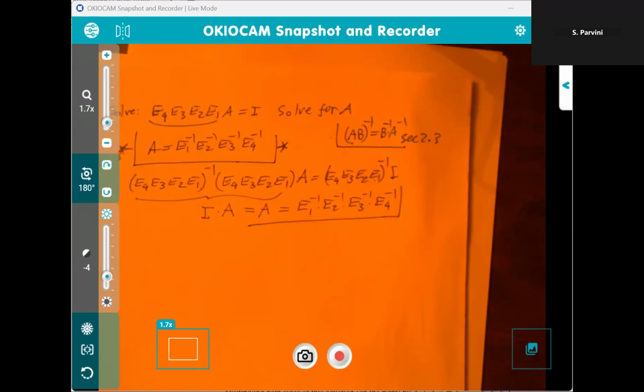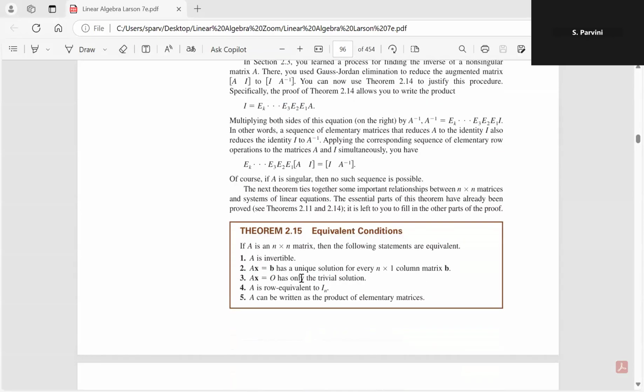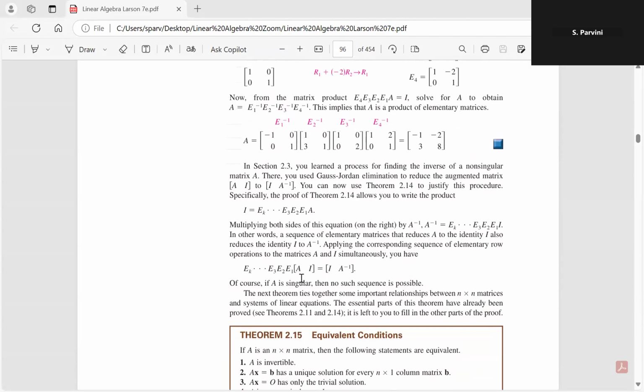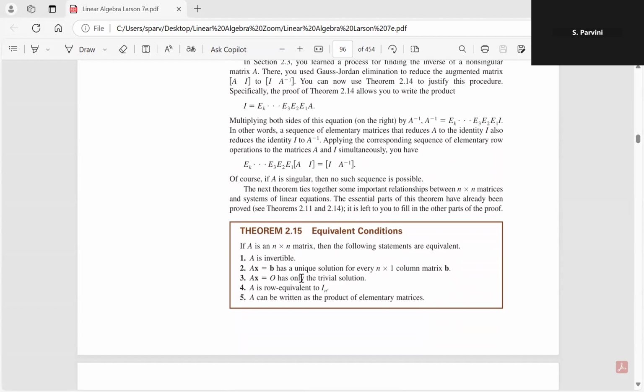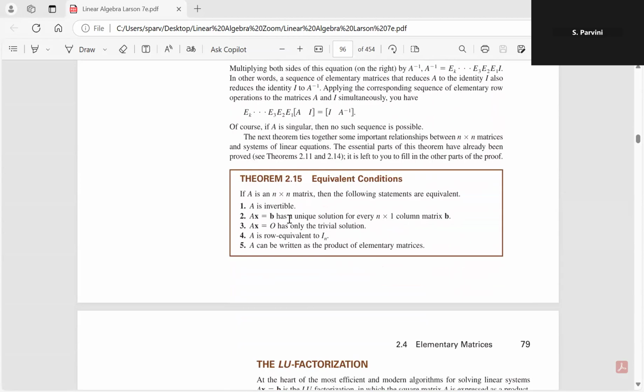So now let's go back to the book. All of this is leading to something, right? It's like, okay, where is this going? Having gone through all of this, folks, this Theorem 2.15 is a very important theorem in our work.